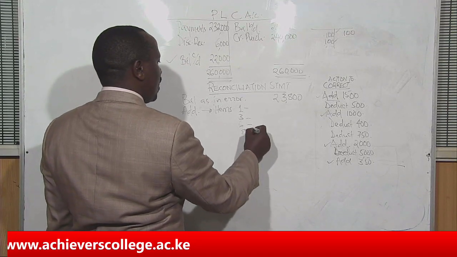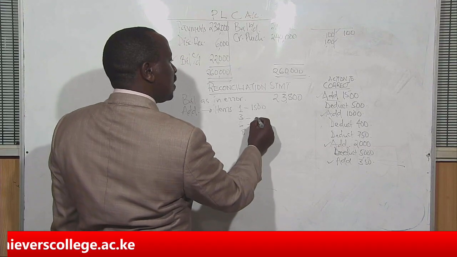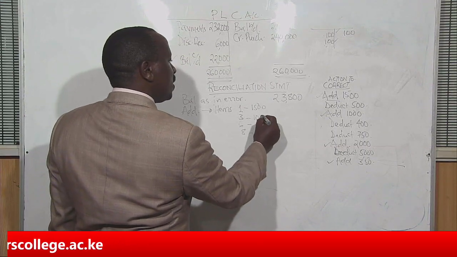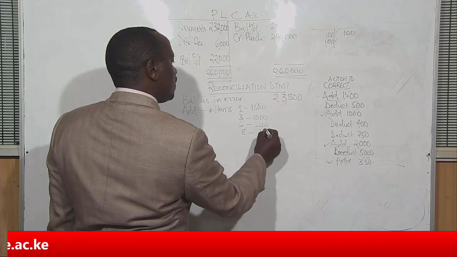Now items 1, 6, 3 and 8 are 1,500, 1,000, 2,000, and 350.